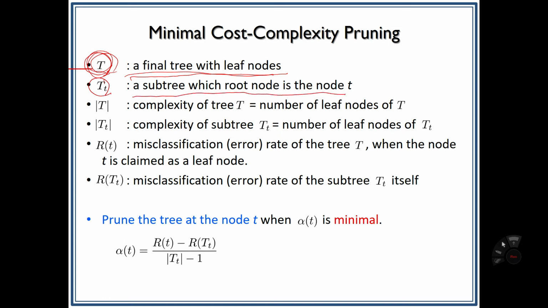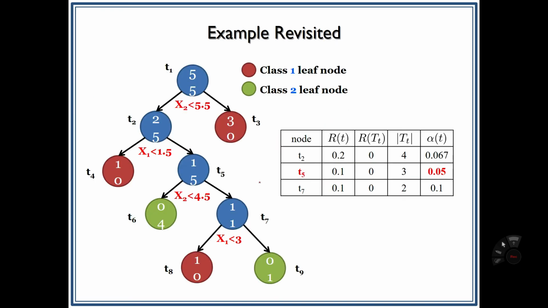So for example, in this case, this capital T is the fully grown tree, the final tree. And if we claim this node as a leaf node, which means that we are going to cut off these two branches, then this part is T sub t, okay? The subtree.